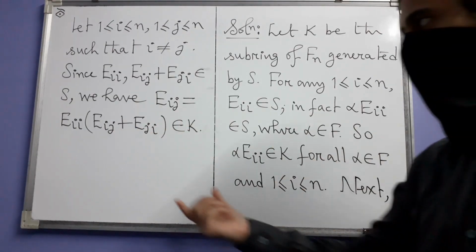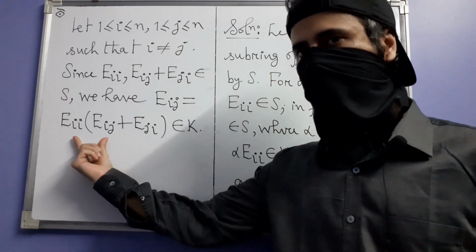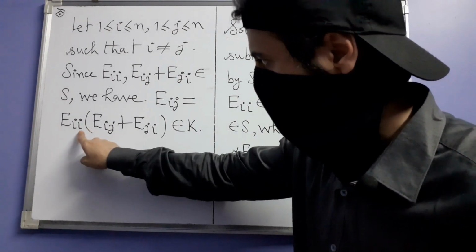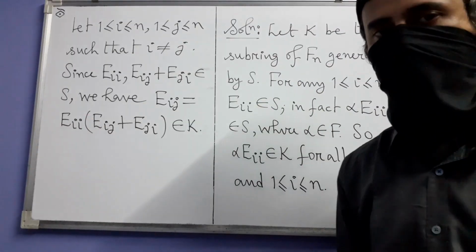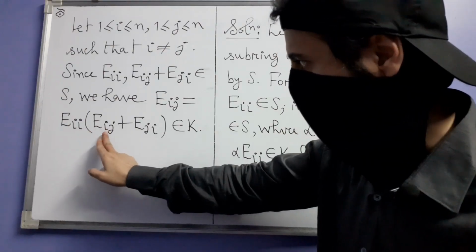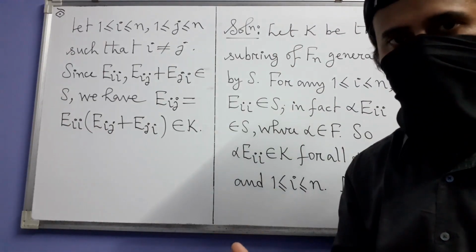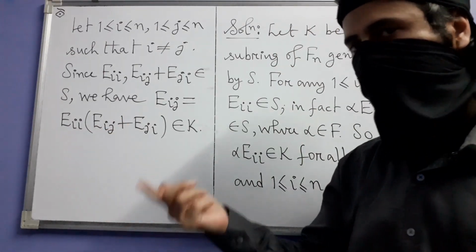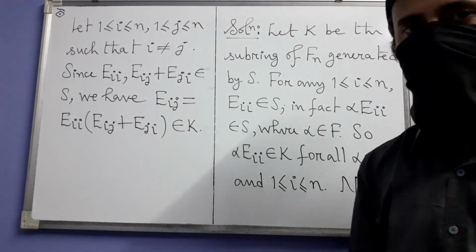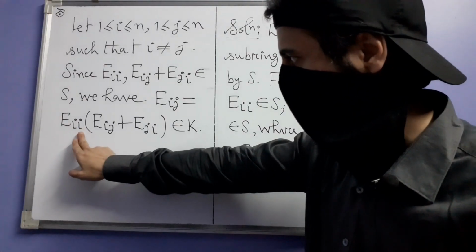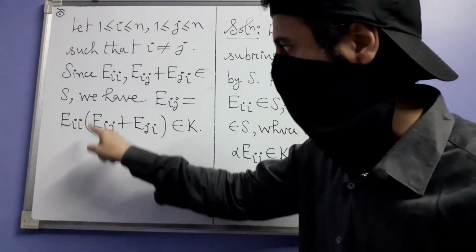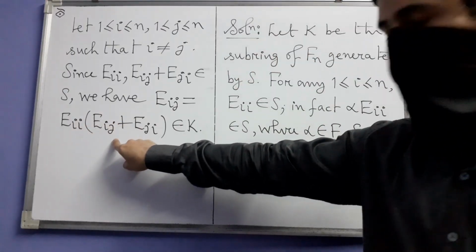Now recall the rule for multiplying two such E's. If the inner indices, this I and this I, are equal, then the product is again another such E where you write the outer indices. In other words, because here you have I and I, you will write in place of this product EIJ.